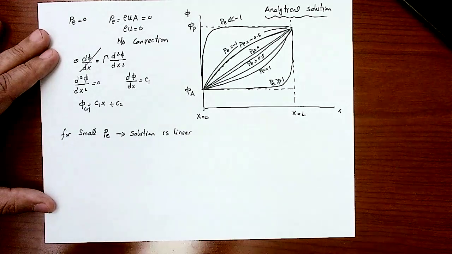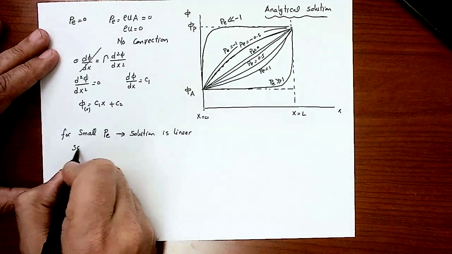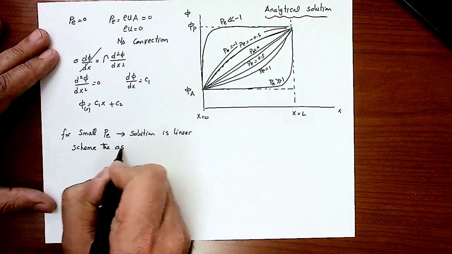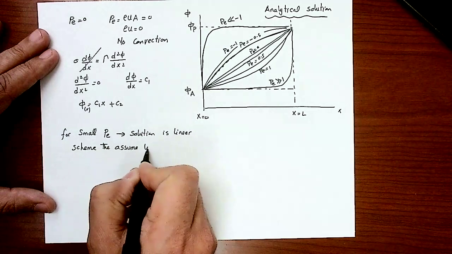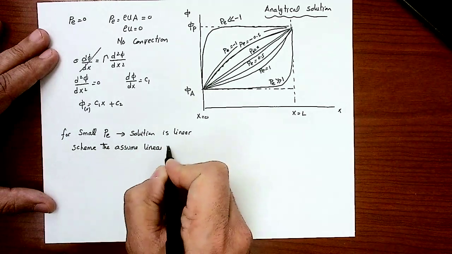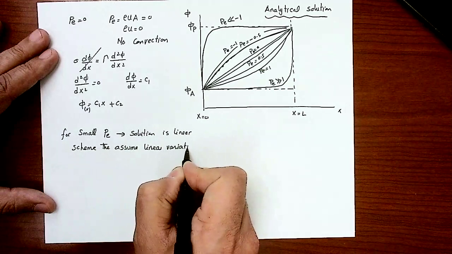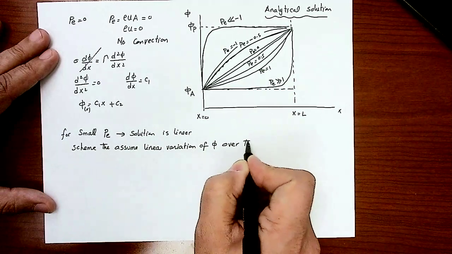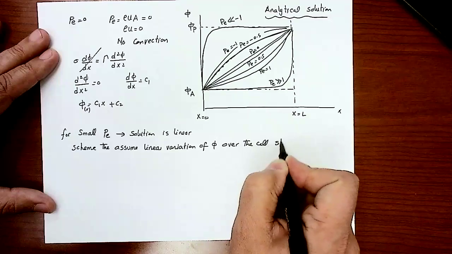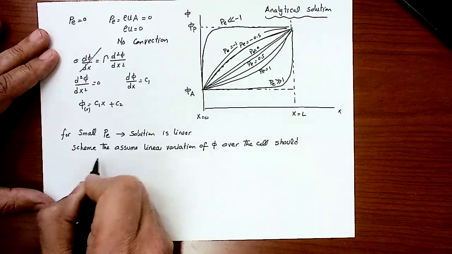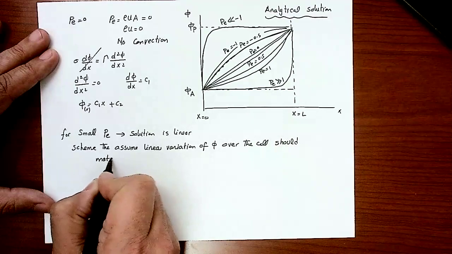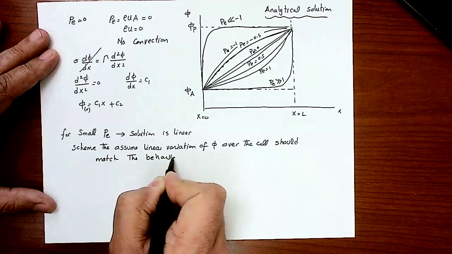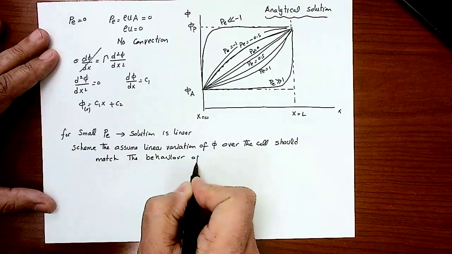Right? So any scheme that assumes linear variation of phi over the cell should match the behavior of the analytical solution.